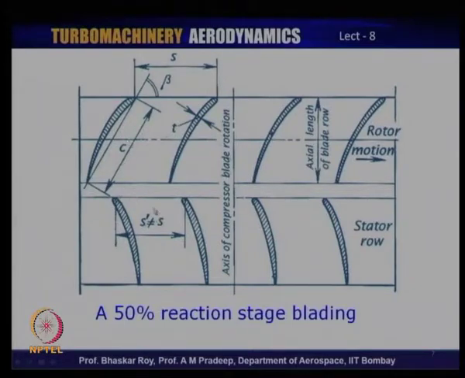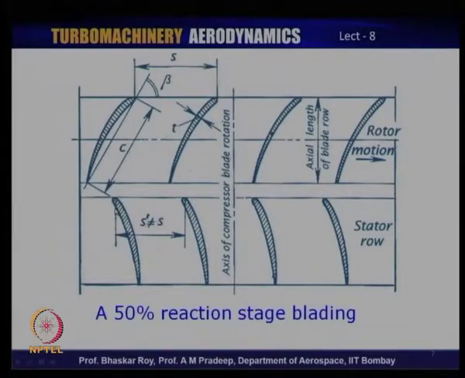So, these two angles are the same. So, the two blades, the rotor and stator, are set at the same angles. Okay. Now, this is of course to make sure that the flow coming into the rotor in the relative frame has the same angle as the flow going into the stator in the absolute frame.